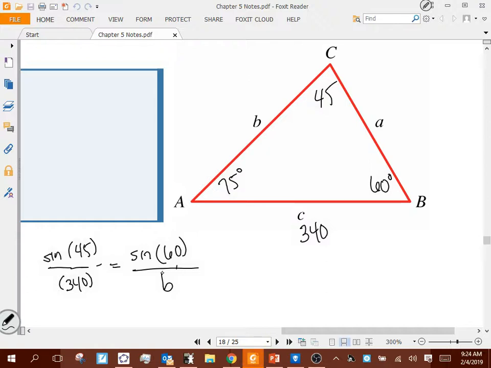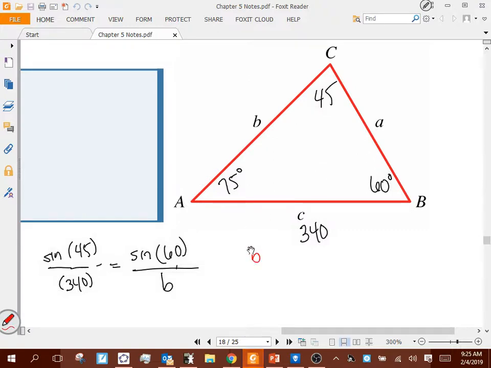Okay? Now, I want to let you grab your calculator and all that kind of stuff, but eventually we should be able to do this problem without any use of a calculator. Okay? Because you should be able to get an exact answer here. But with proportions like this, you cross multiply, right?